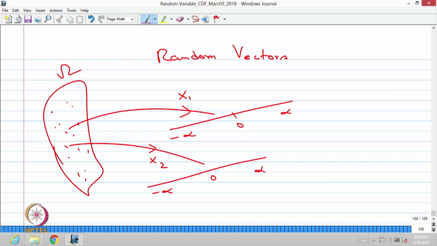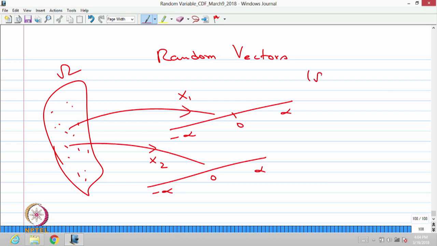Like that, there are many more random variables defined on the omega. Each is a real valued function from omega to R satisfying the condition that x inverse of the semi-closed interval from minus infinity to small x belongs to F. Then only the real valued function is a random variable.